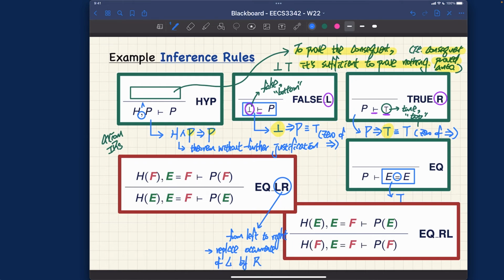So that's what we really meant by from left to right. And so that means you want to replace the occurrence of left by right.